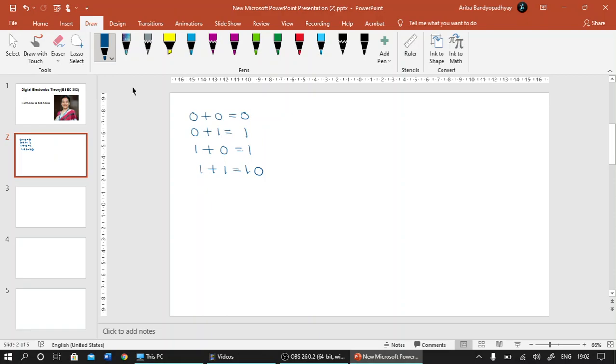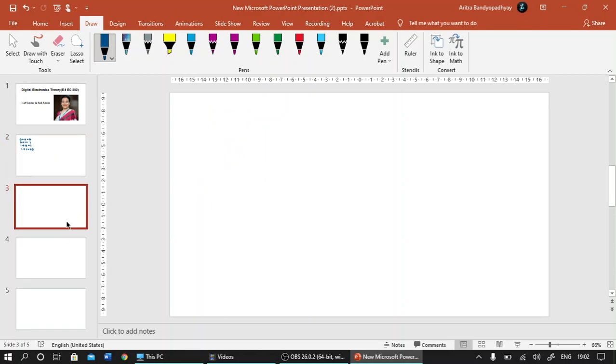Today I will discuss first the half adder circuit. The half adder circuit needs two binary inputs and two binary outputs.